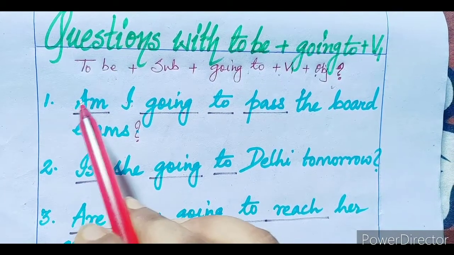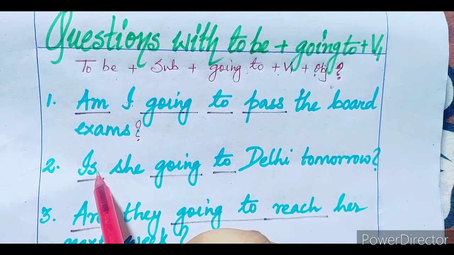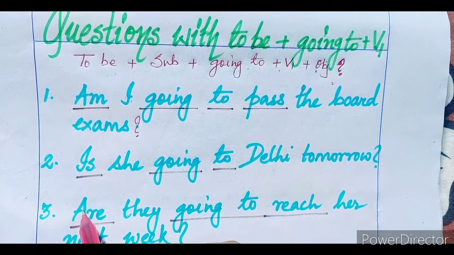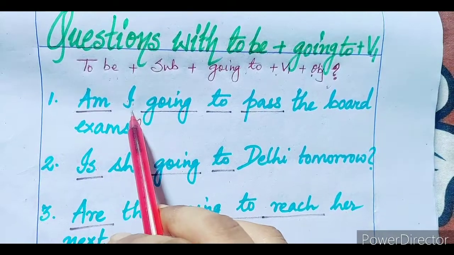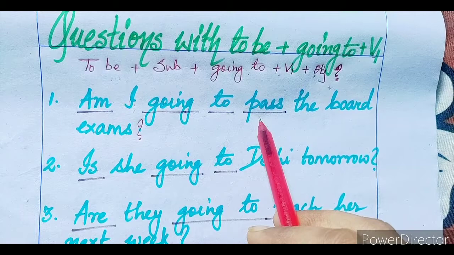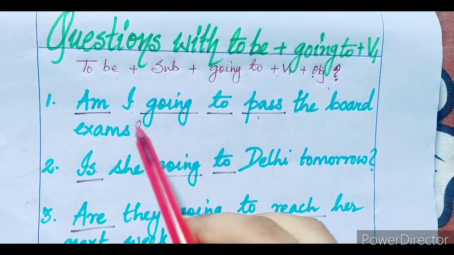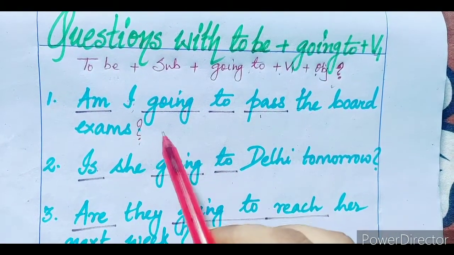Okay, if we use the second person or the third person, we will be using is if we are using the singular forms, and we would be using are if we are using the plural forms. Okay, so the question begins with am, then comes the subject followed by going to, then comes the verb form 1, that is the base form of the verb, followed by the object or the complement, and the sentence ends with a question mark. Okay, so this is the structure.